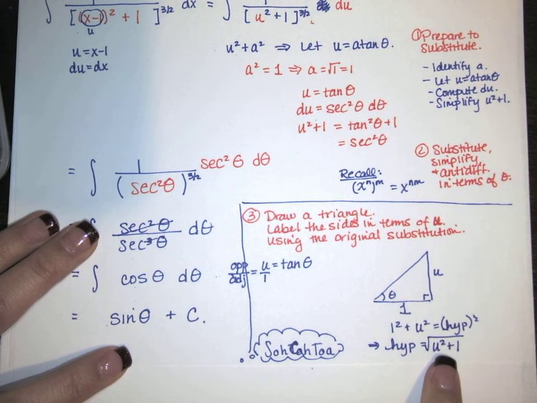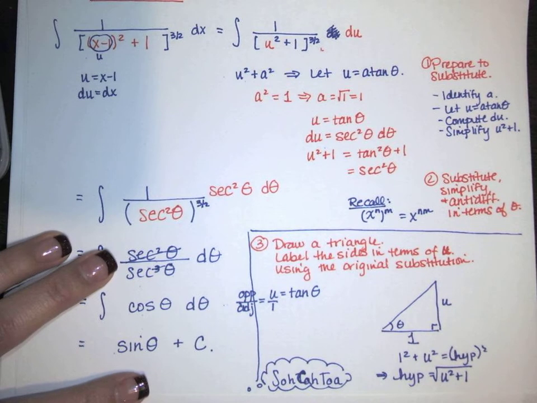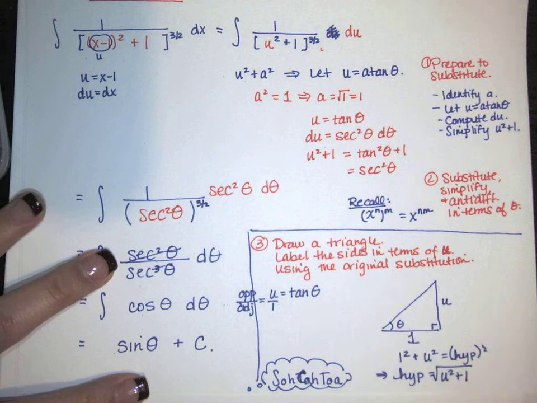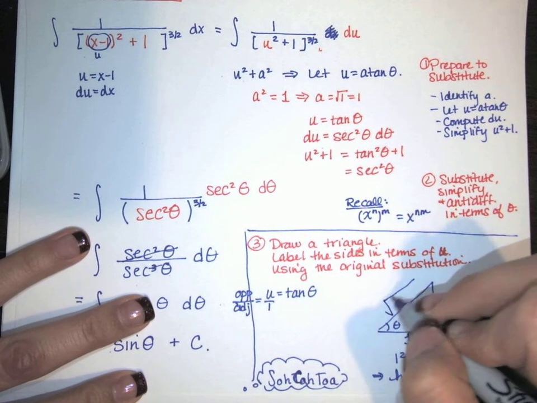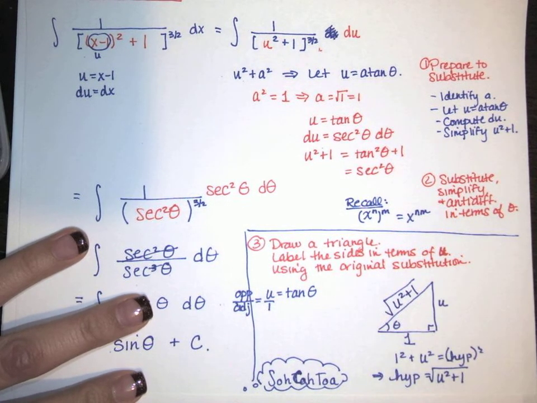And you might say, hey, there was a u squared plus 1 in my original trig sub integral. Turns out that that's always the case. That third side is always going to look like that trig substitution, or that expression from the original integral that we started with. That's why this all works out so nicely. Okay, so we're here.